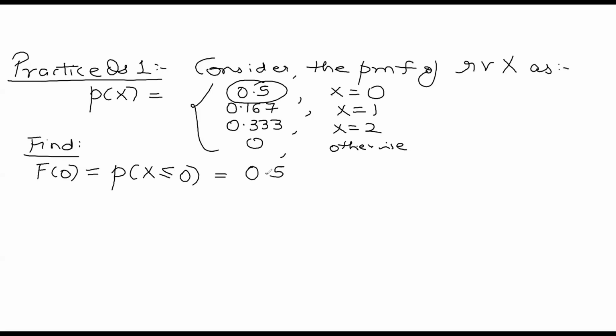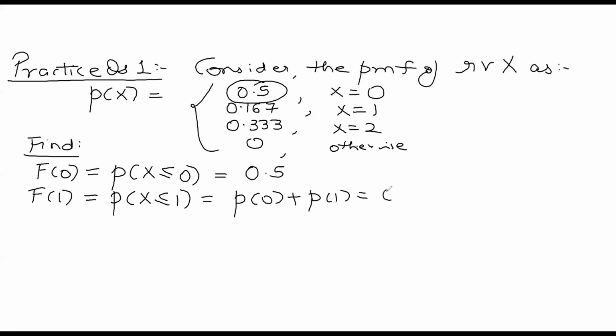If I ask you find f of 1, this will be probability of x taking the value less than equal to 1. Now less than equal to 1 means P of 0 plus P of 1, which is 0.5 plus 0.167, which is 0.667.